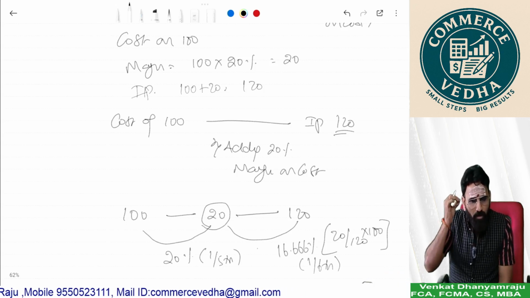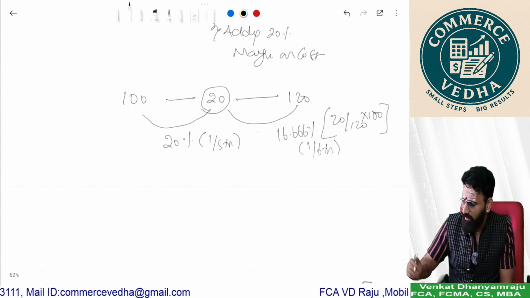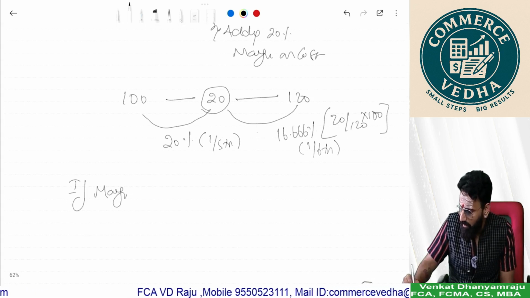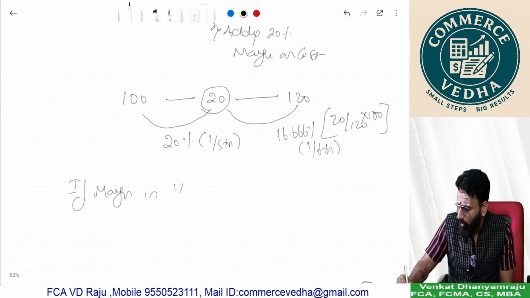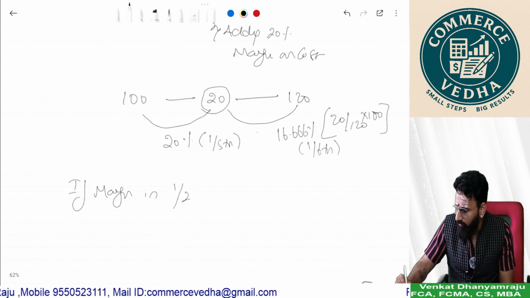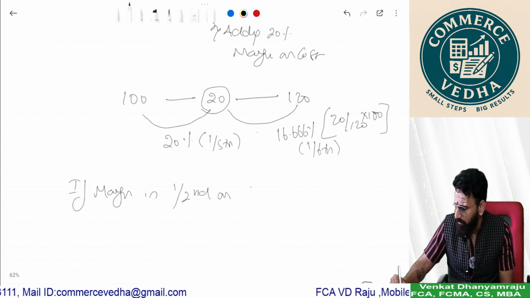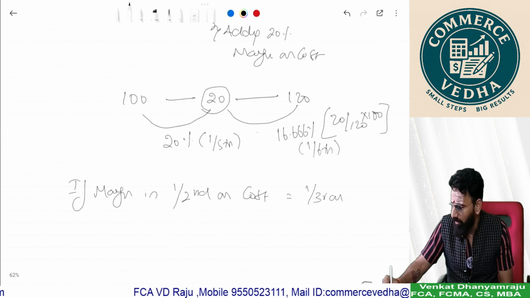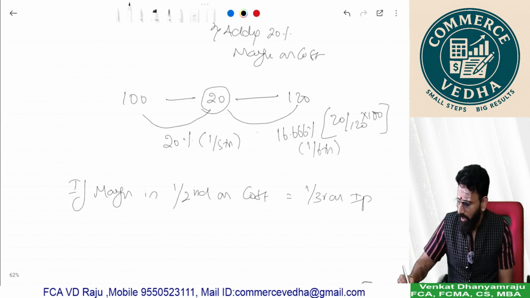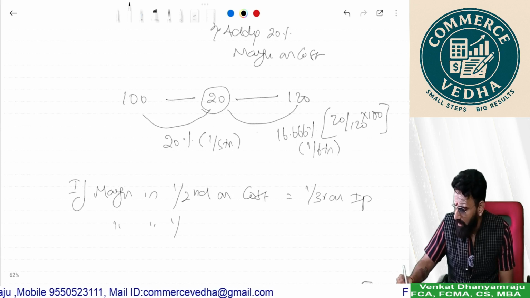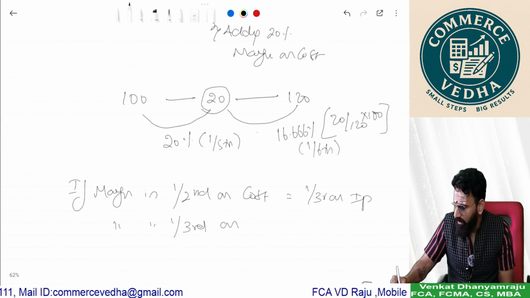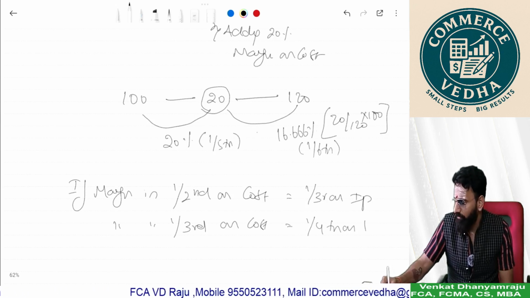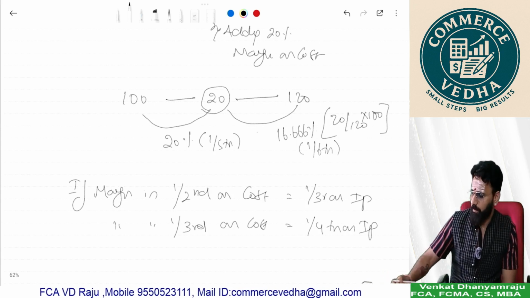So we can do this very simply. If margin is 1/2 on cost, that is equal to 1/3 on invoice price. If margin is 1/3 on cost, it is equal to 1/4 on invoice price.